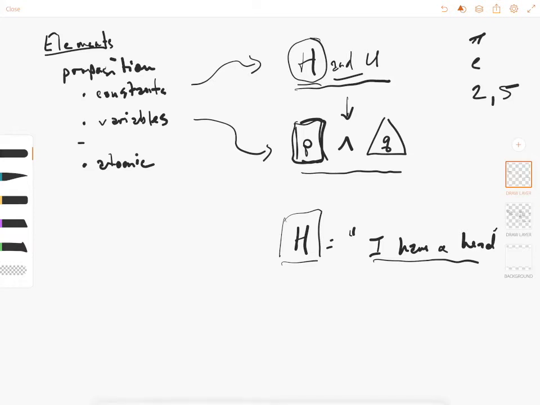On the other hand, let's look at a proposition like H and U, which, as a reminder, stands for I have a headache and I'm hungry. This is also a proposition, but now you can see that it's built, as it were, from other propositions. So here's a proposition and here's a proposition, and these two propositions are joined together by one of our operators.